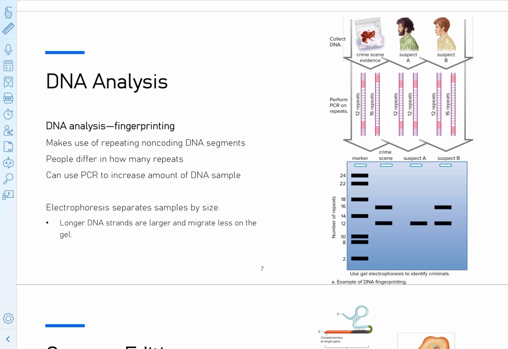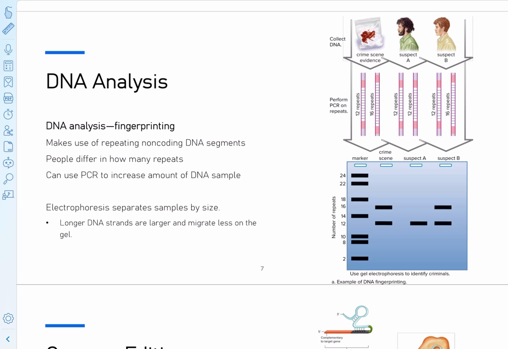And that's just a process that helps separate DNA fragments based on their size. The longer pieces of DNA move more slowly through the gel, while the shorter ones move faster. And what it does is create a unique pattern. And this pattern is really like a genetic fingerprint that can be used to help identify individuals or even help establish biological relationships.